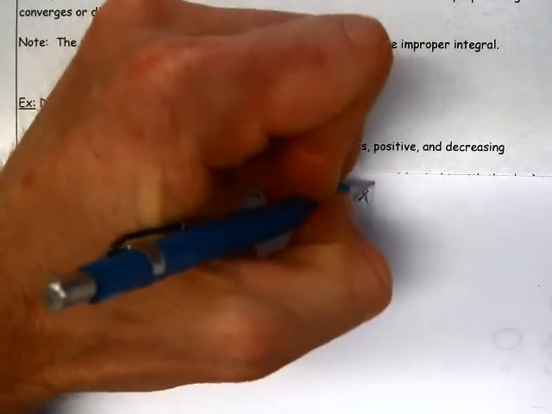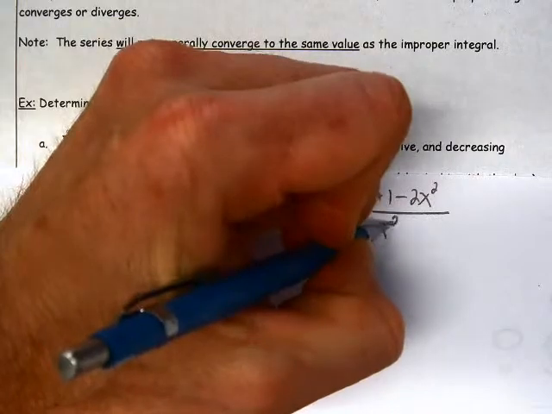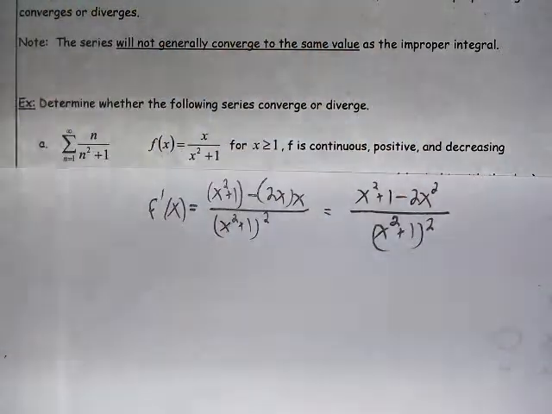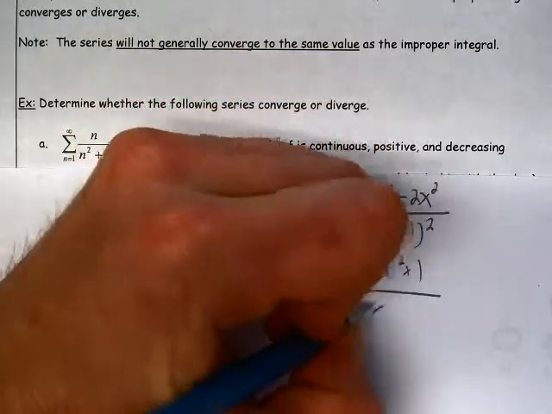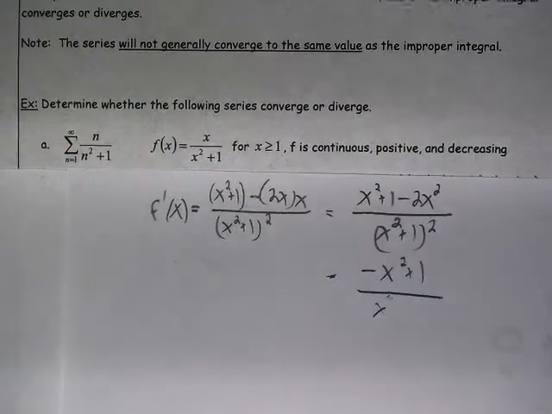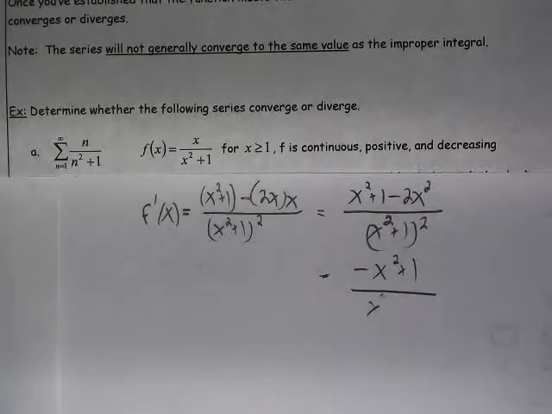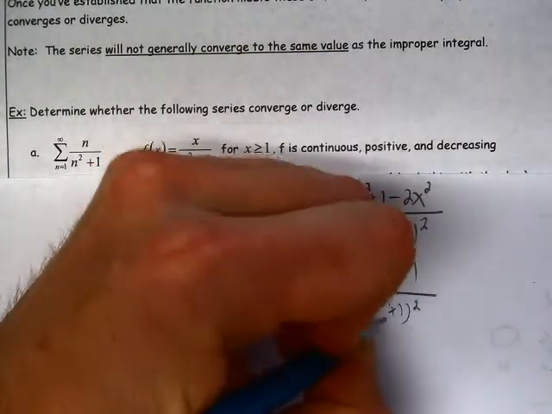And I get x squared plus 1 minus 2x squared over x squared plus 1 squared, which gives me negative x squared plus 1 over x squared plus 1 squared.